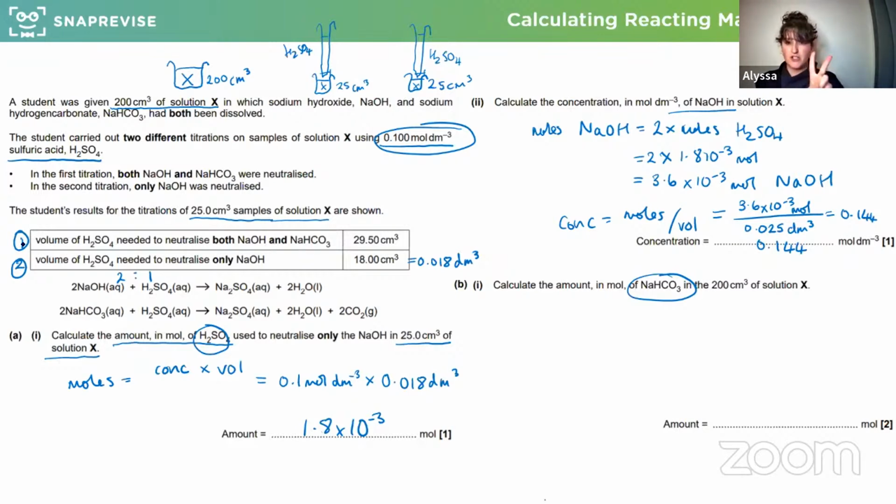We've got 2 titrations. One where it neutralized both sodium hydroxide and also sodium hydrogen carbonate, and then our second titration where we only neutralized sodium hydroxide. So we only put enough sulfuric acid in to neutralize the sodium hydroxide. So how much sulfuric acid is needed to neutralize just the sodium hydrogen carbonate?